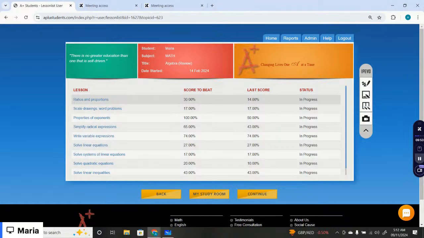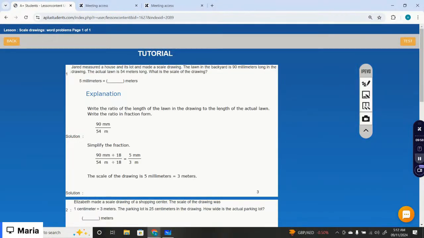The next lesson is scale drawings word problems. Jared measured a house and his lot and made a scale drawing.